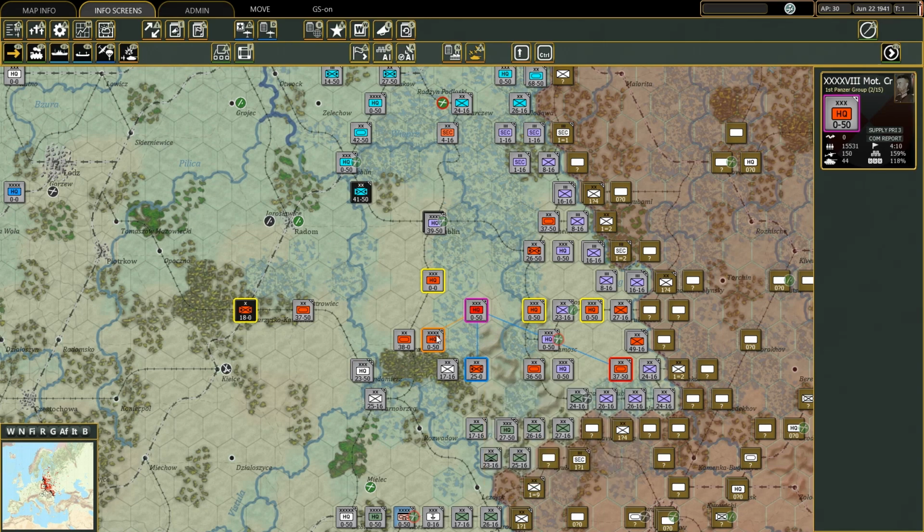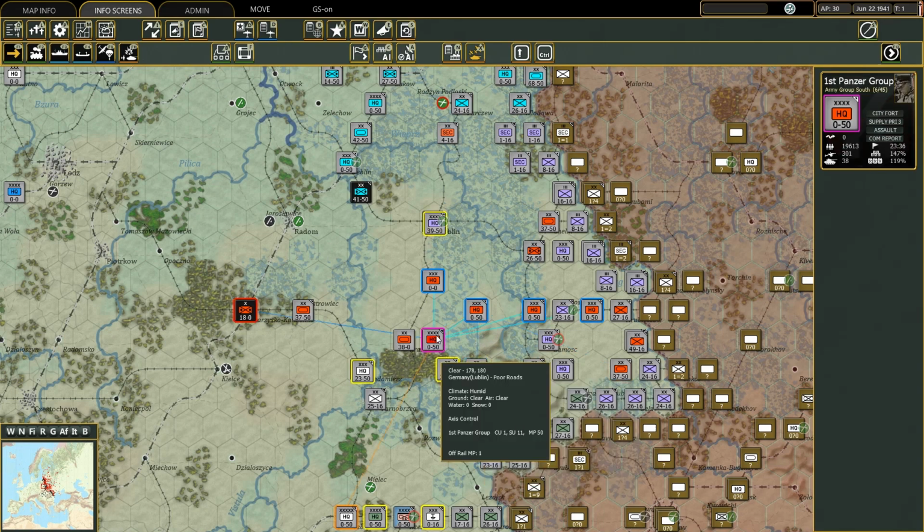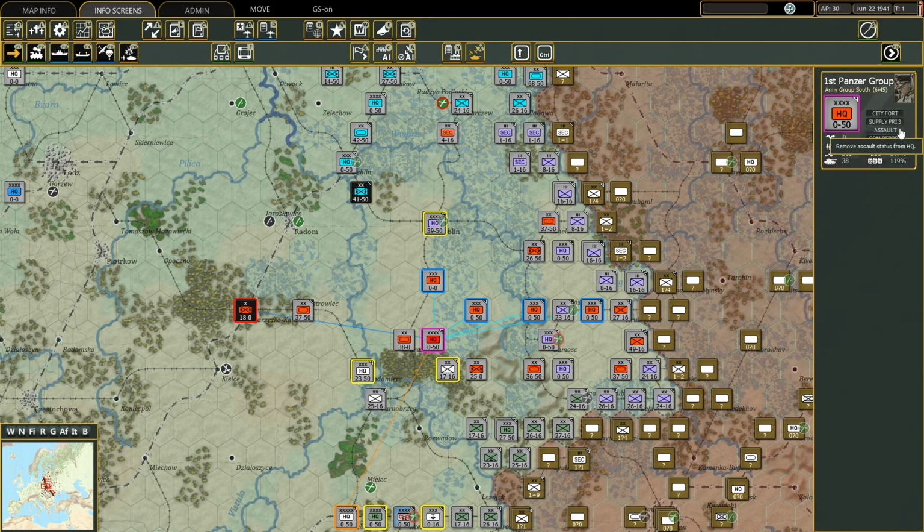If we instead go to the army HQs, we do have an additional button, and this is the assault status. Now, assault armies are, as the name says, armies poised for offensive operations.